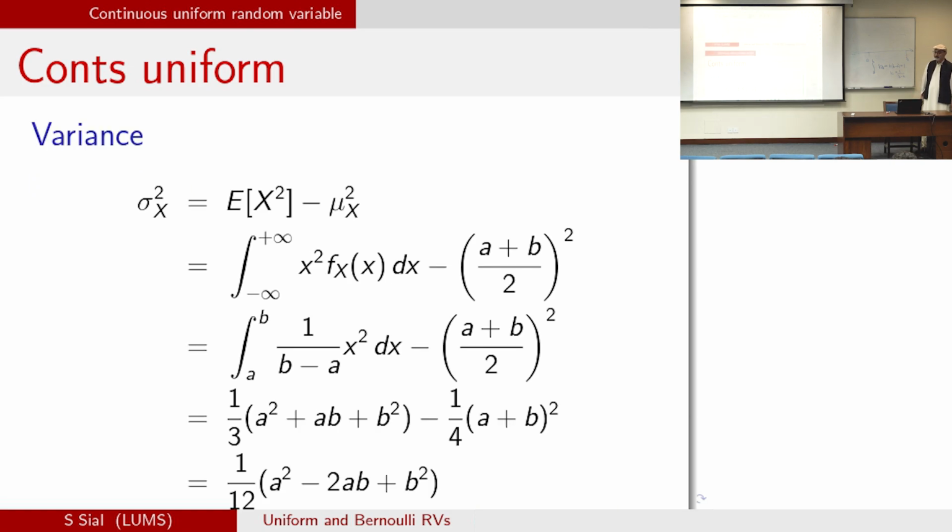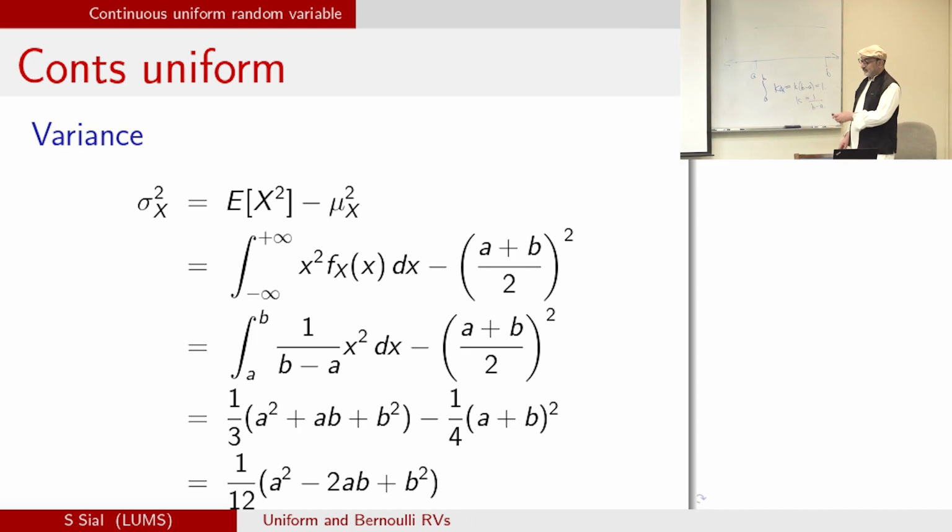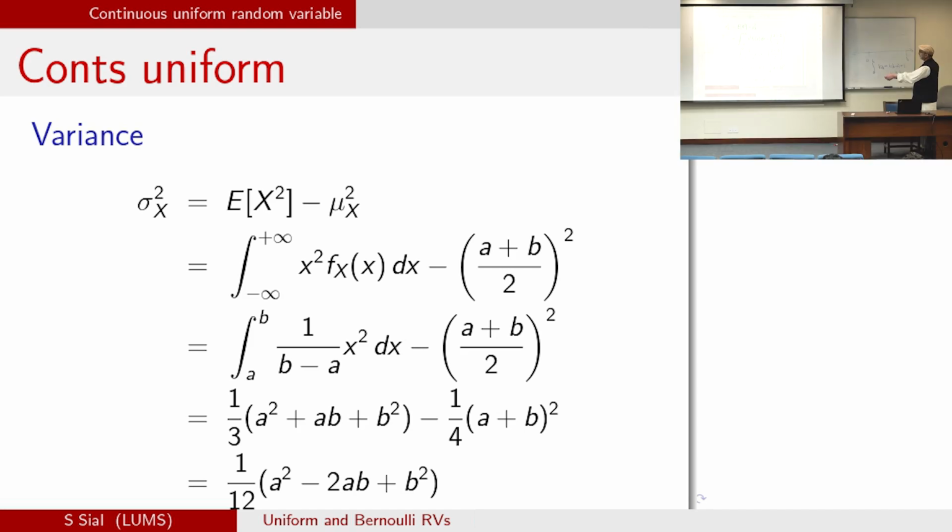Well, let's calculate the variance now. The variance is the expectation of x squared minus the expectation squared. So that's the integral from minus infinity to infinity of x squared times the PDF evaluated at x dx, minus the expectation squared, which was a plus b over 2 squared. We just found that. And the expectation of x squared, by definition, is this thing here.